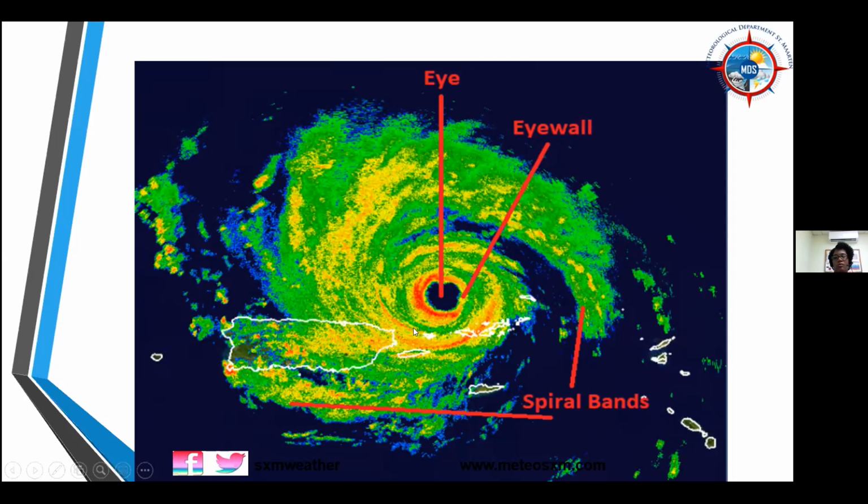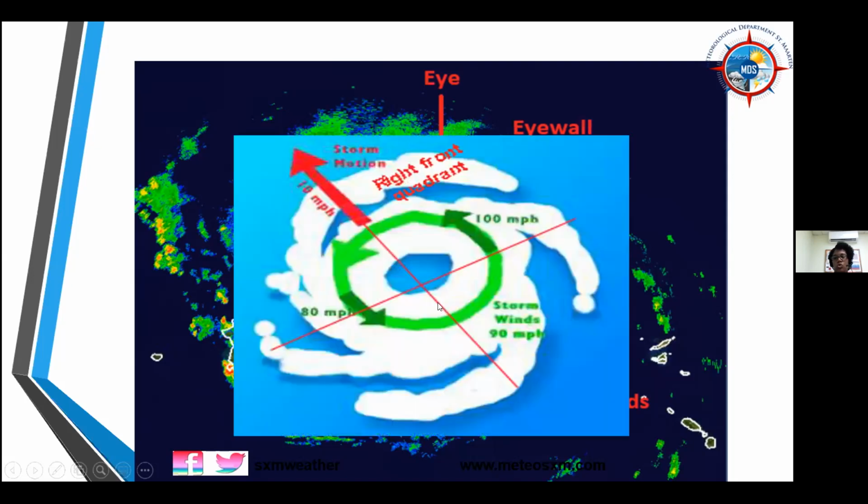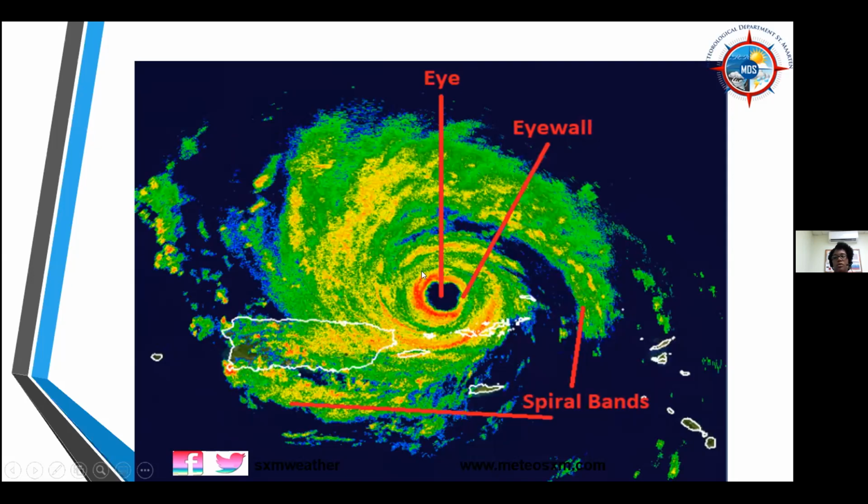Around the eye, you have what is called the eye wall. The eye wall would be different with different systems. Sometimes it's wider, other times there are even some hurricanes that have 2 eye walls. You would have 2 lines of thick thunderstorms.